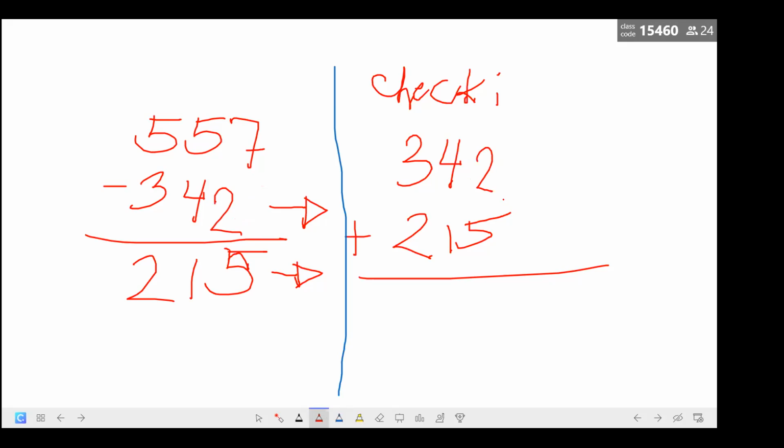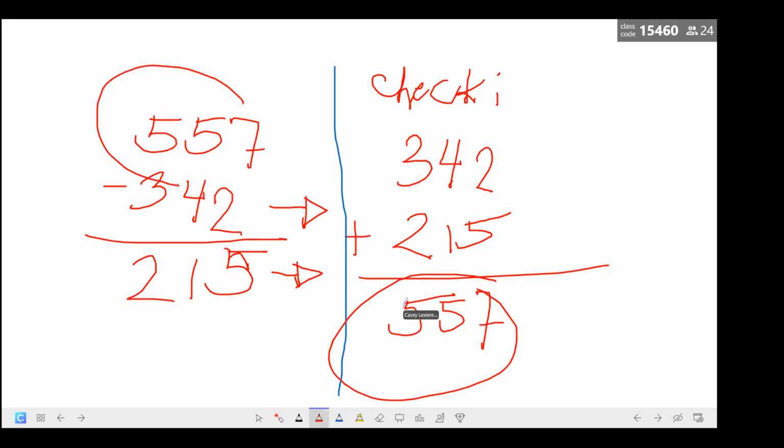So it's 242 plus 215. 2 plus 5 is 7. 4 plus 1 is 5. And 3 plus 2 is 5. So our answer is correct. That's how you check it.